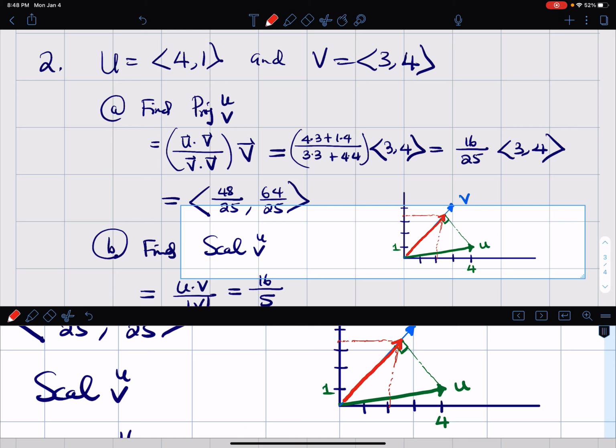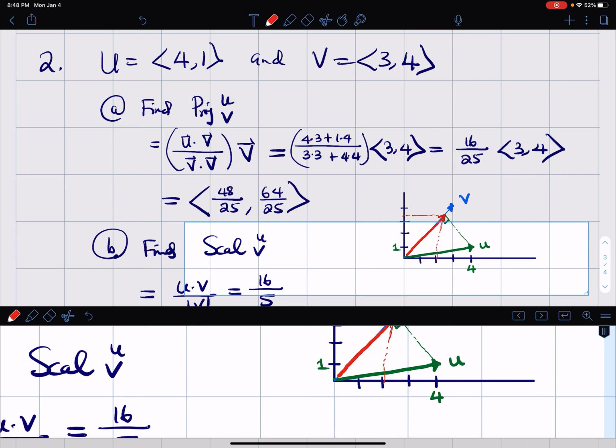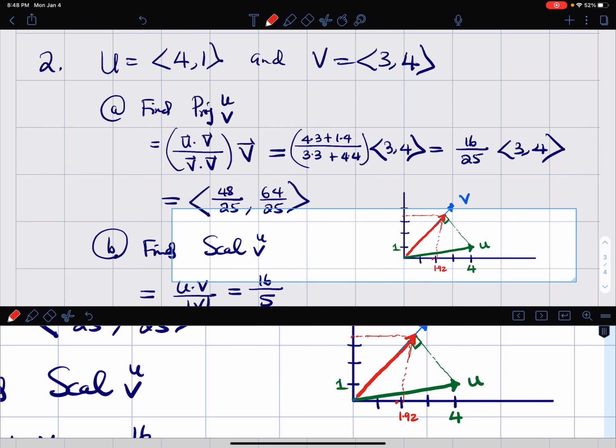Let's look at these fractions, convert them to decimals, and make sure that my diagram is okay. My diagram is not to scale, so it's going to be a little bit out of whack. 48 over 25 is 1.92. We're kind of off, but approximately it's fine.